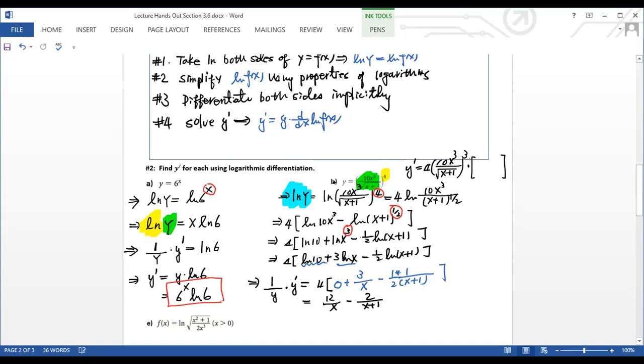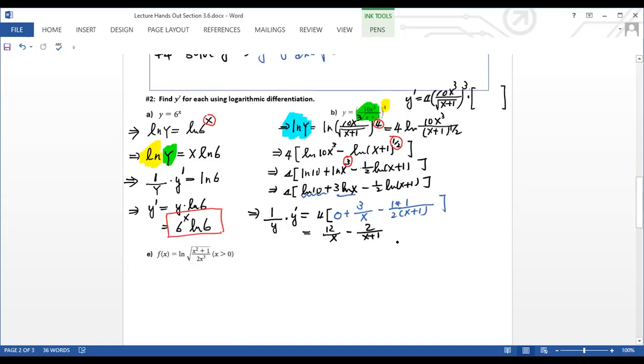All right, so after that, the last step, y prime is just equal to 12 over x minus 2 over x plus 1, times y. Now what is y? This is 10x cubed over the square root of x plus 1, to the 4th.